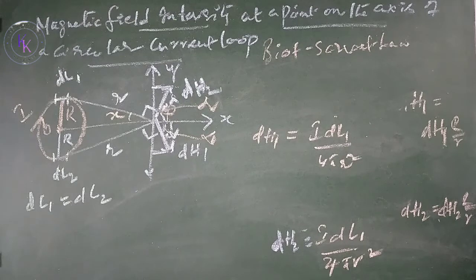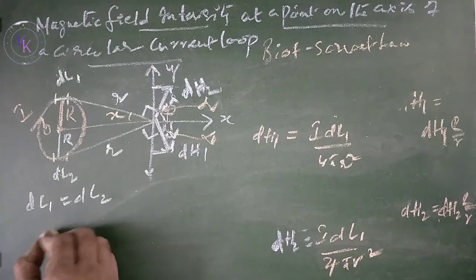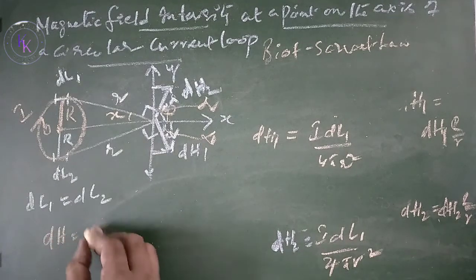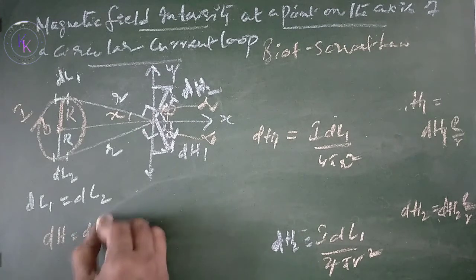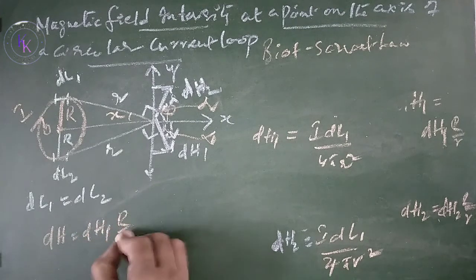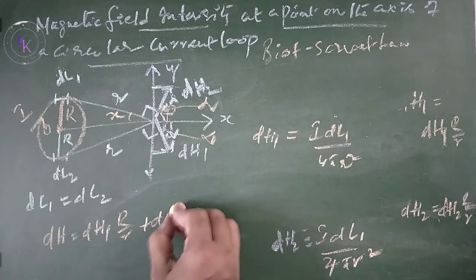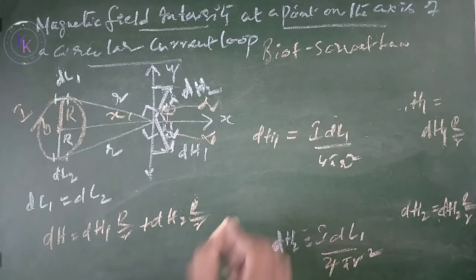When the components of dh1 and dh2 add up, dh is given by dh1 R by small r plus dh2 R by small r.